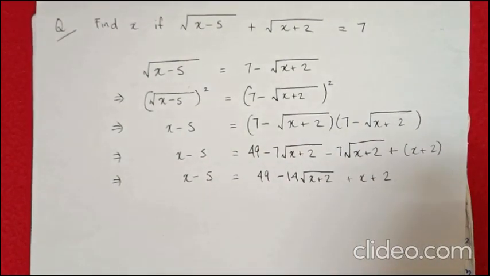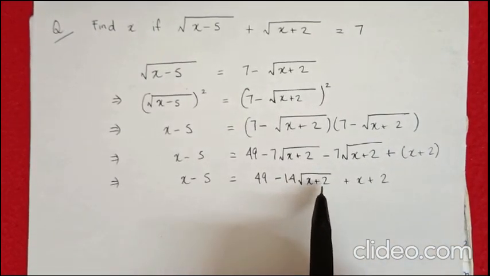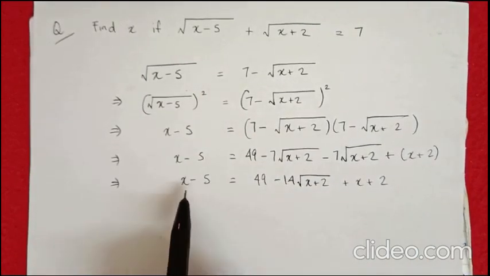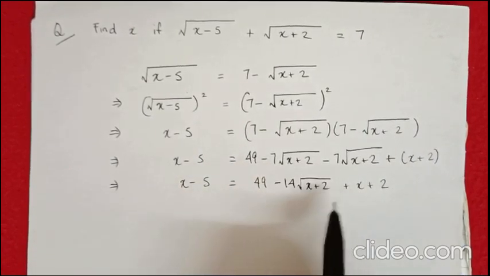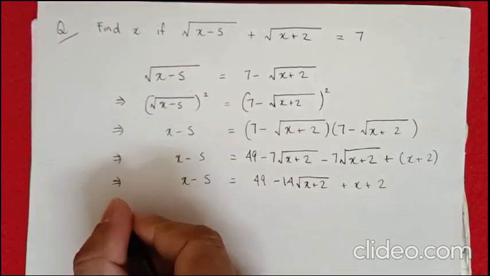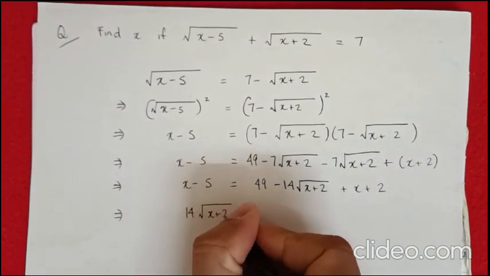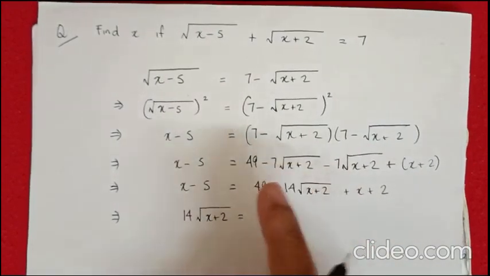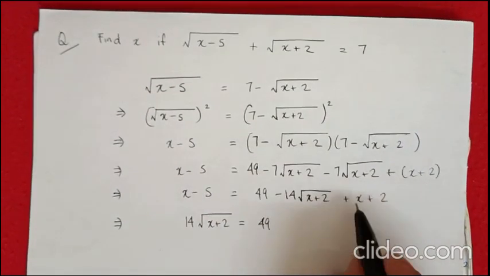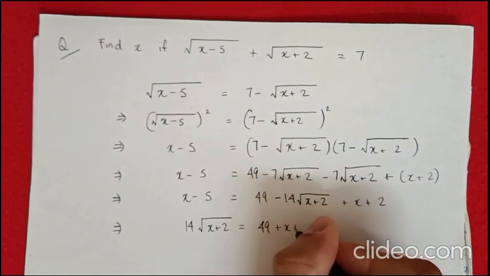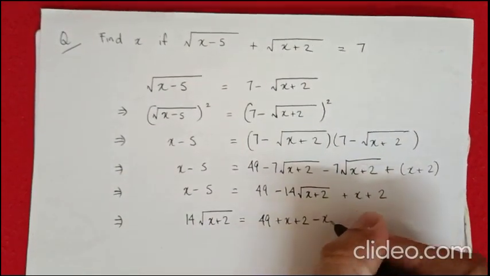So in our next step, we will move this negative 14 square root of x plus 2 to the left hand side, and we will shift the terms which are on the left to the right hand side. So I shift this here. This becomes 14 into square root of x plus 2 is equal to, let's keep the 49 here, 49 plus x plus 2. Now I'm moving this positive x to this side. This becomes minus x.